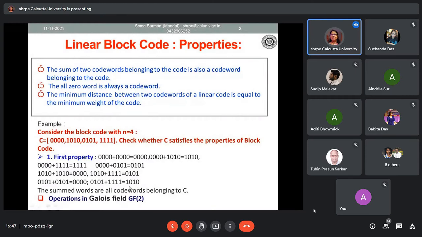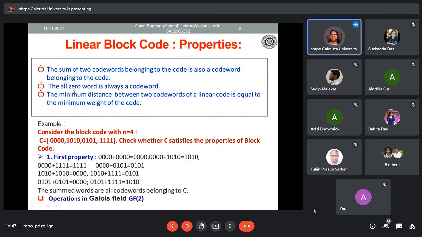So this is nothing but the second element of the C, isn't it? So when you are summing all these in this way, it shows that all belong to the code C. So it satisfies the first property.